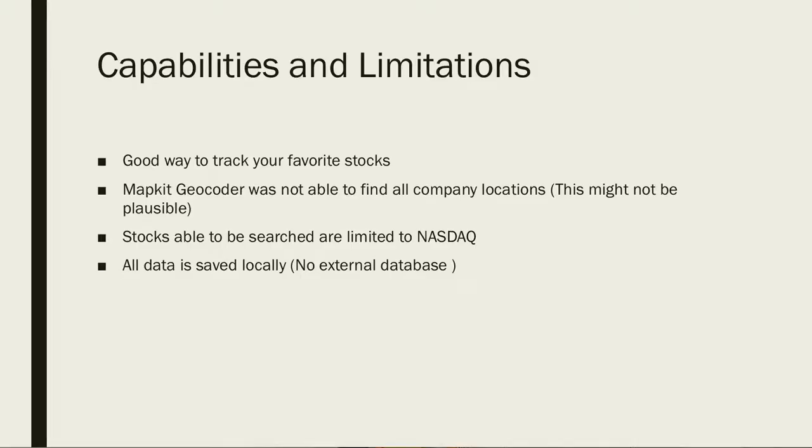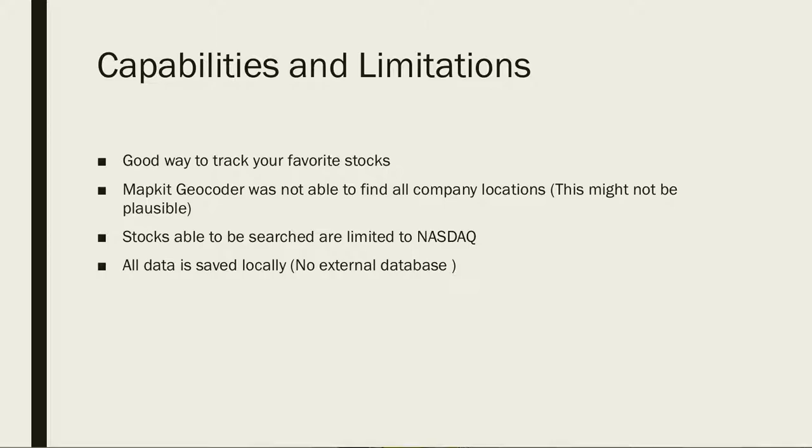All right, so for our next slide, we will talk about some of the capabilities and limitations. Some of the capabilities of this app are that it's a pretty good way to track your favorite stocks, right? It could be a good way to watch some of your favorite stocks, kind of an intro to investing app even.